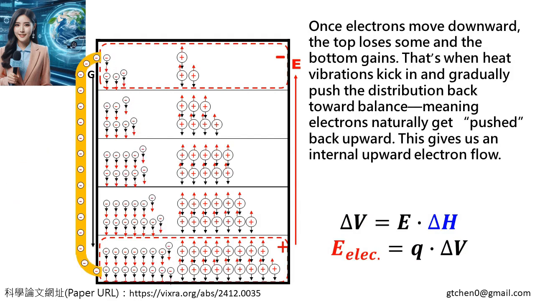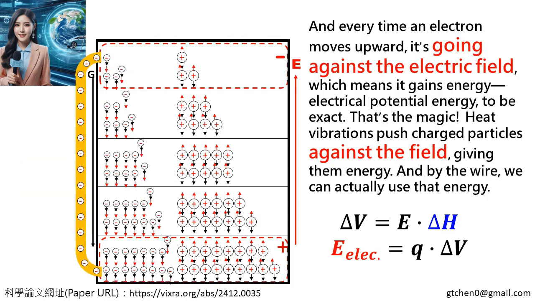Once electrons move downward, the top loses some and the bottom gains. That's when heat vibrations kick in and gradually push the distribution back toward balance, meaning electrons naturally get pushed back upward. This gives us an internal upward electron flow.